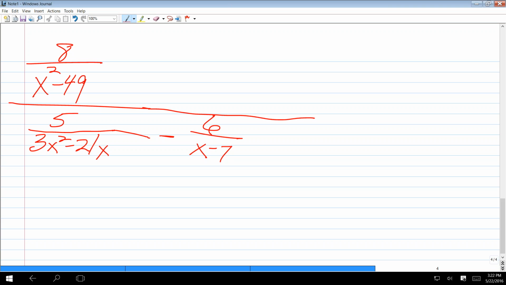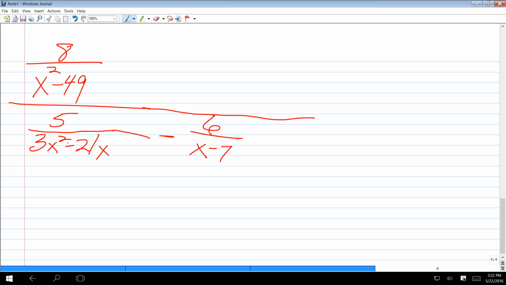Always, well, maybe not always, but we have to take care of the more complicated part first, and that's the denominator. So probably the first thing that makes sense to do is factor a greatest common factor out of this.